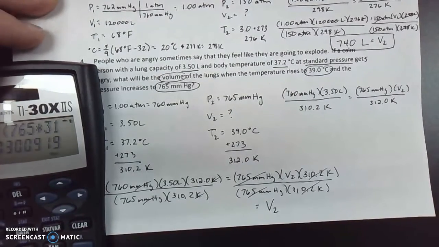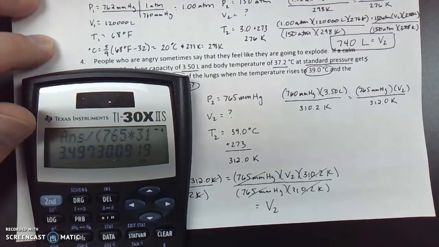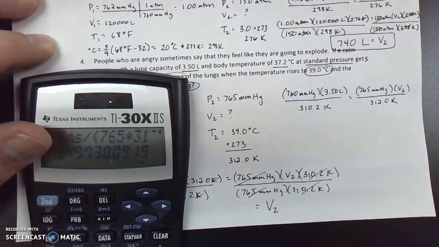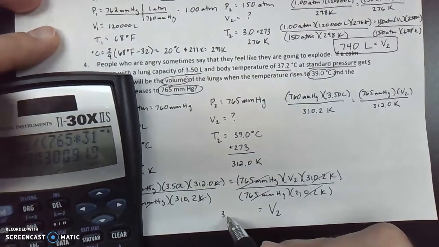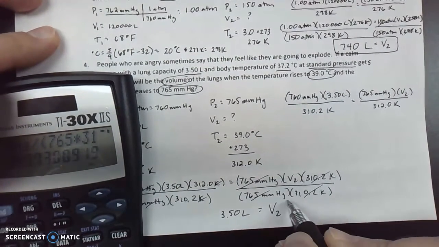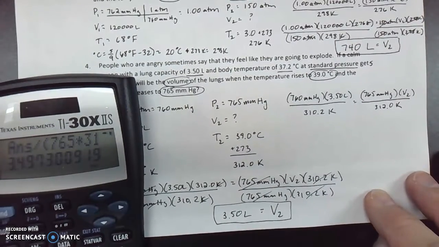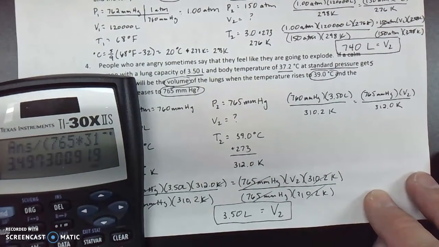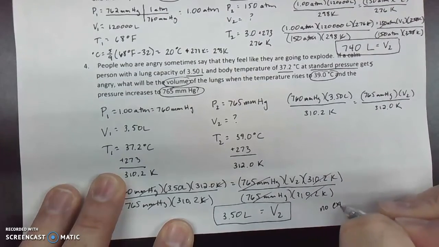And we get, well, let's see how many significant figures we need. It looks like we have 3, and it ends up being the same with significant figures. So no, an angry person is not going to explode. Their volume basically stays exactly the same. So no explosion.